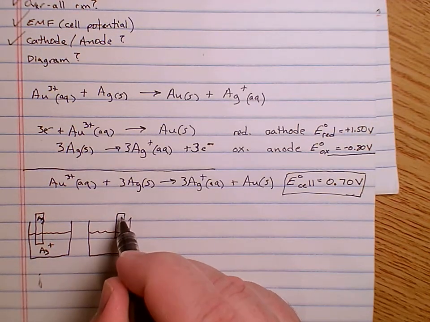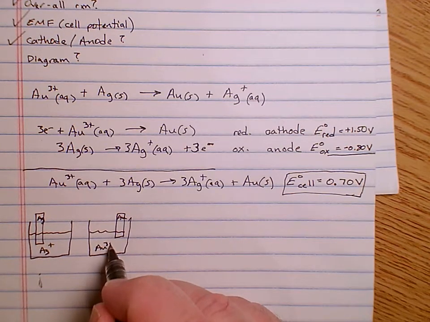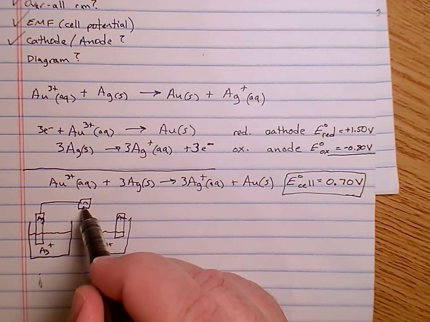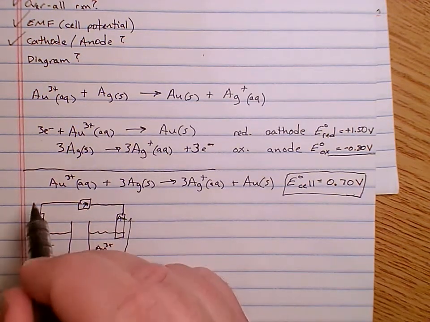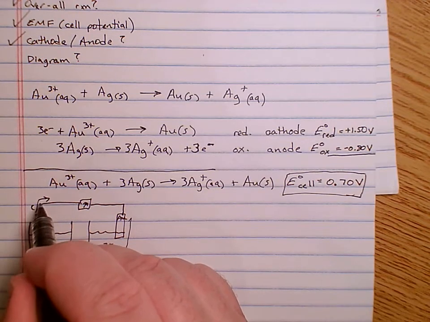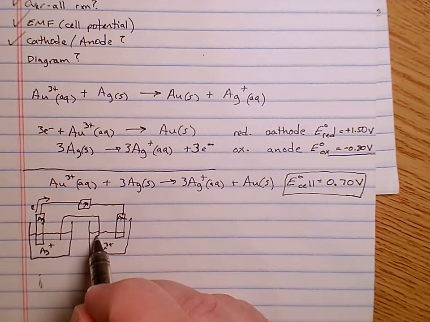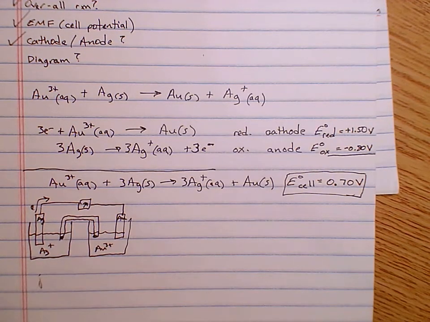This would be a solid piece of gold in Au3 plus solution. We have our voltmeter here. Connect the wire. We know the electrons would flow this direction. And we have to have our salt bridge here.